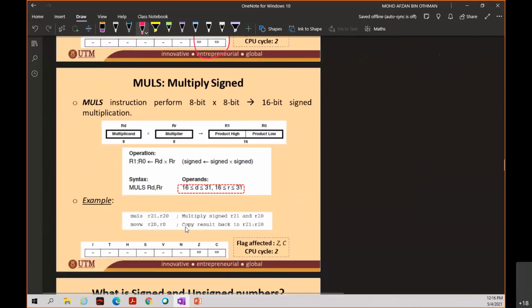Then we have the MULS. Later we will see an example of how the multiplication works.